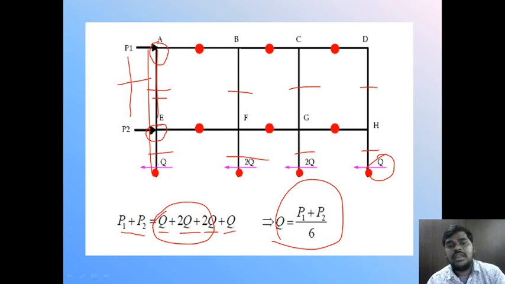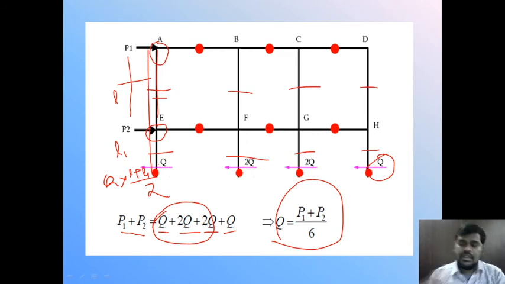Column shear is taken as Q only, so I am writing here Q into, suppose this is L and this is L1, Q into (L + L1) divided by 2. So this is the difference in finding the first story and second story. This is most important, and this is a very easy method for solving a number of problems.